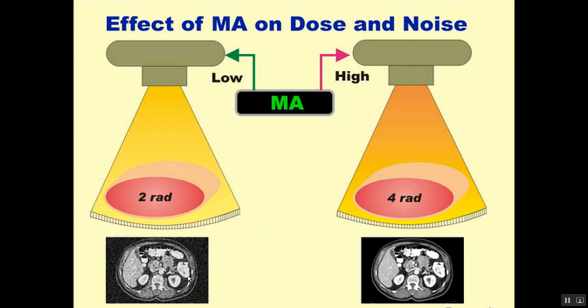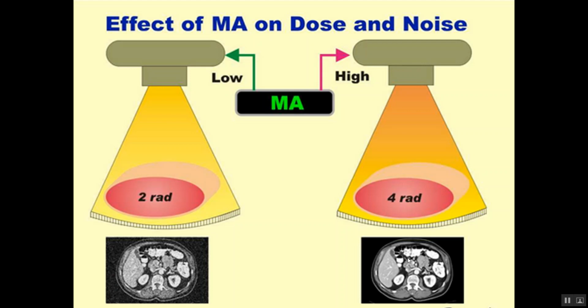The image on the left side is very noisy because of low milliampere, that means a low number of photons. Remember the spectrum I drew before: low intensity of X-ray, low number of photons. So the image will be noisy, not a good image. But here, with higher dose, the image is good.